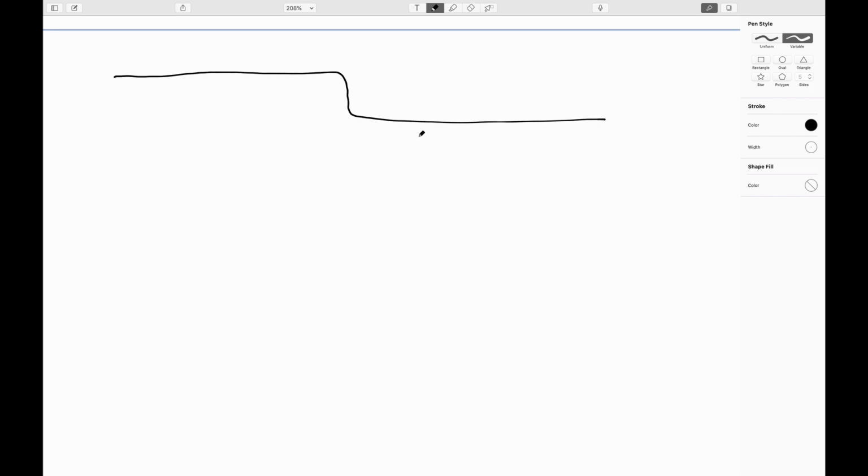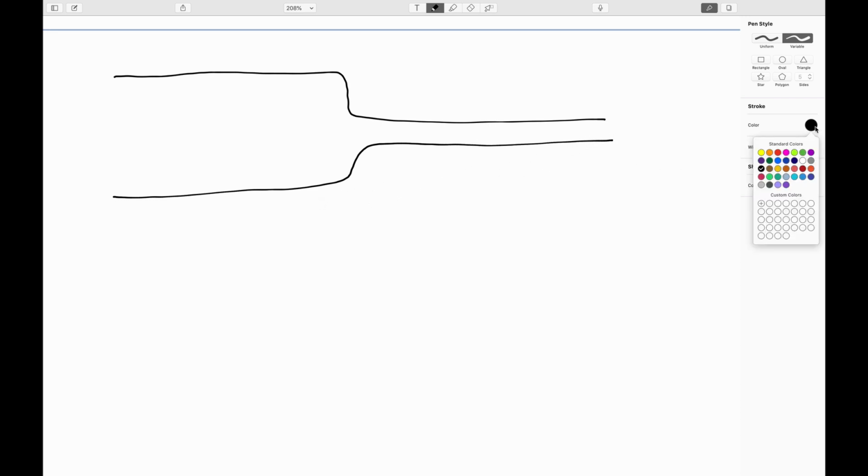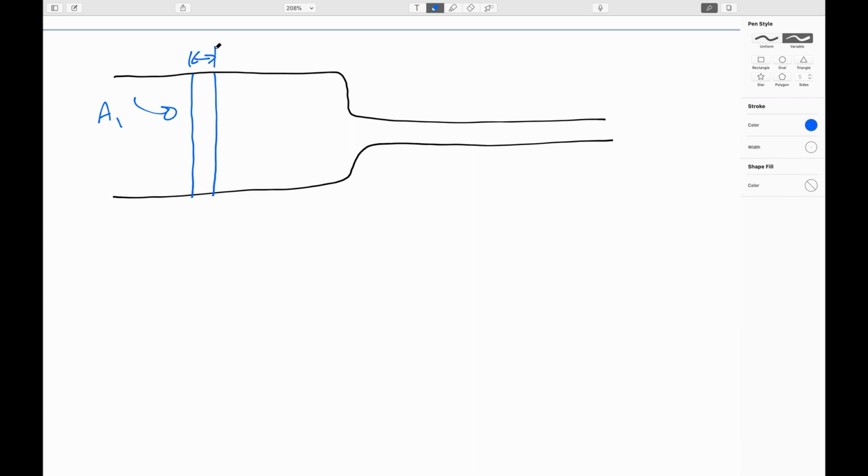So let's say we've got a pipe, and then this pipe hits a constriction over here. Let's think about what that means for the speed of the fluid. So the incompressibility means that if, say, in some amount of time, delta t, so I'll call this A1 here, the fluid in the fat part of the pipe moves through some distance delta x1, right?